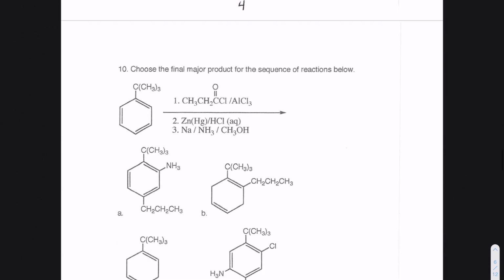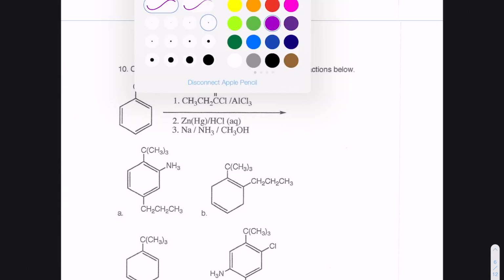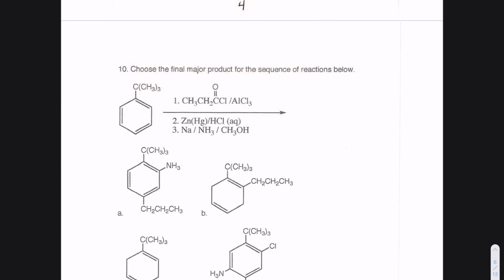And then for question number 10, we're going to start with the Friedel-Crafts reaction. There is a really bulky group up here, right? And then we're trying to add the CH3CO acid chloride. So remember, guys, this is an activating group, or an electron donating group.